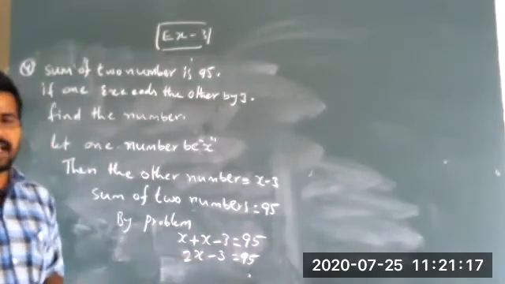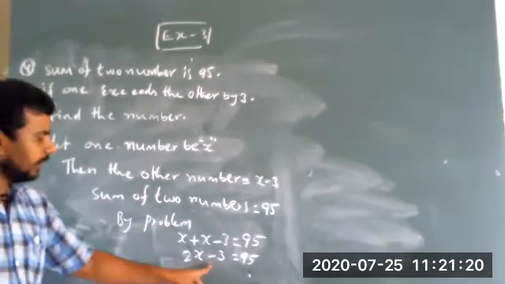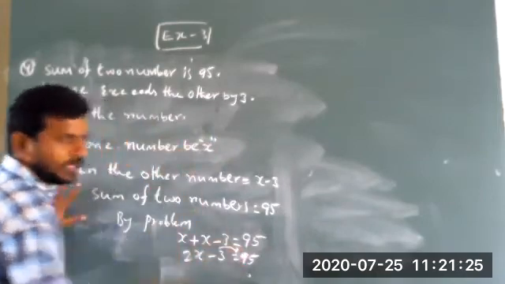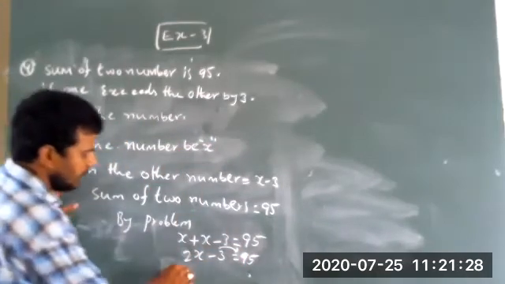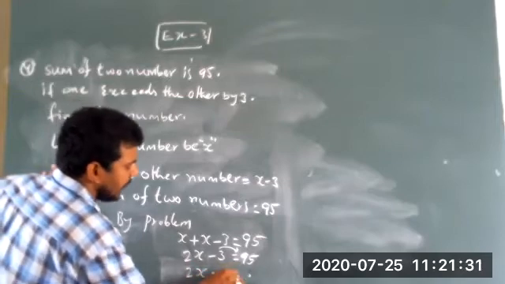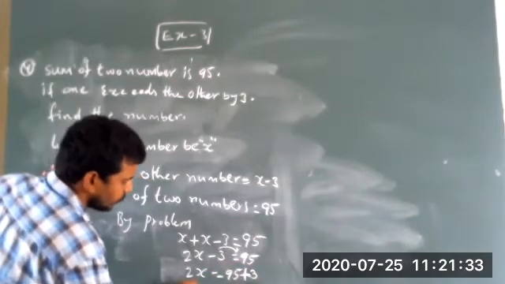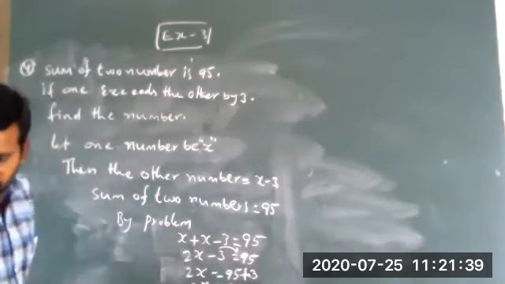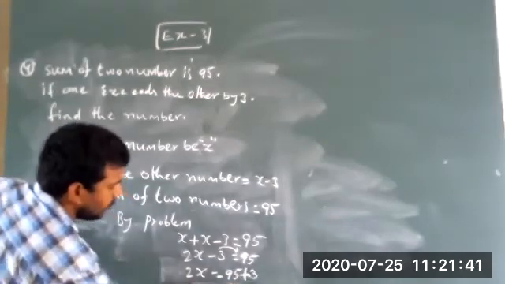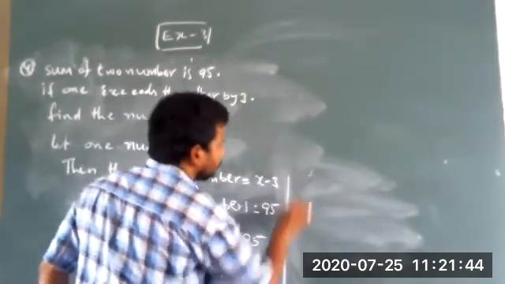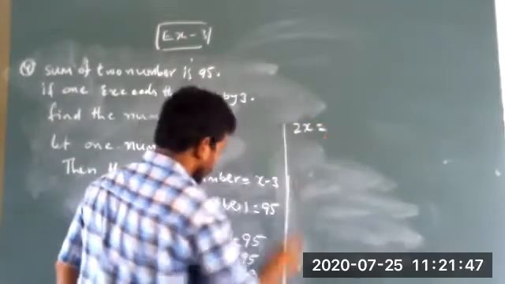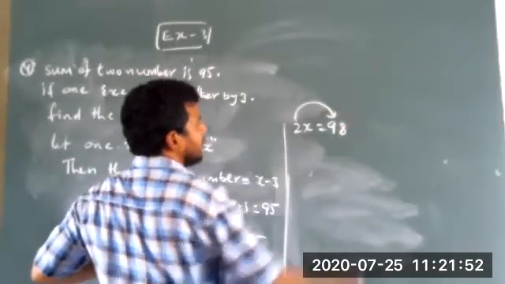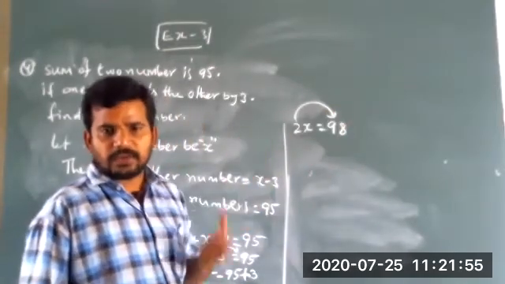So 2x minus 3 is the LHS and 95 is the RHS. So in the LHS, this minus 3 is sent to the RHS side. So this minus quantity becomes a plus quantity on the RHS side. That means 2x equal to 95 plus 3. How much, children? 98. 2x means what, children? 2 into x.